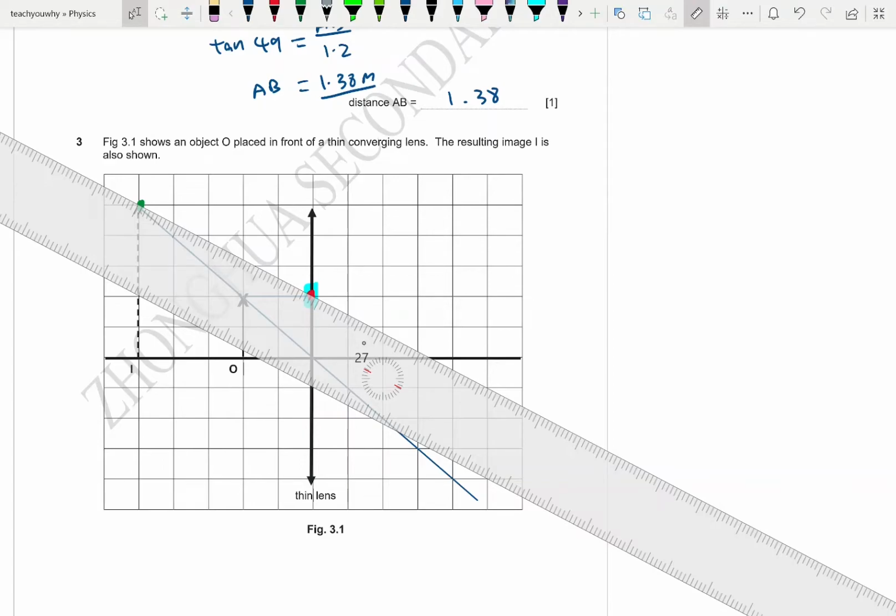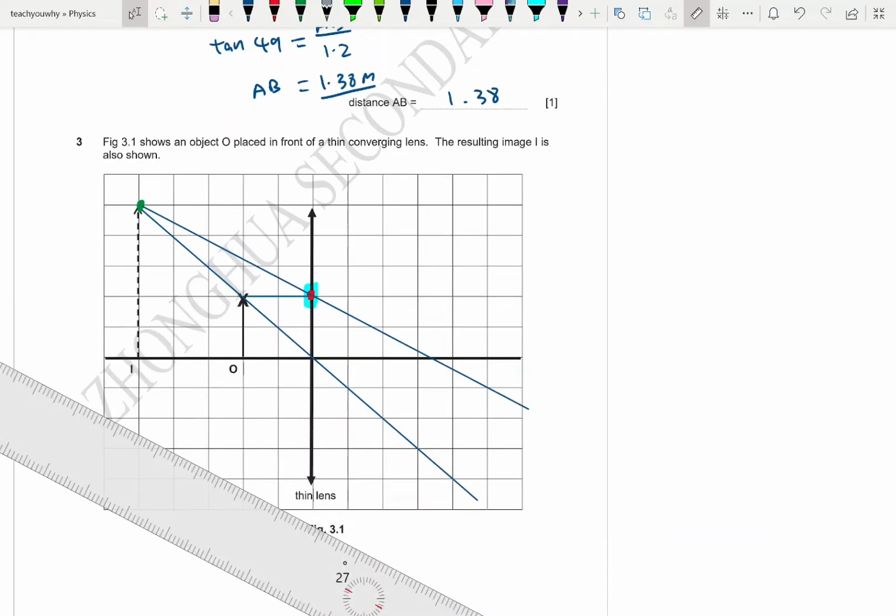Now the solution is not done, because if you were to draw this, you will get it wrong. Over here, I need to draw a dotted line. All these are dotted lines. Why? Because all these lights are imaginary.